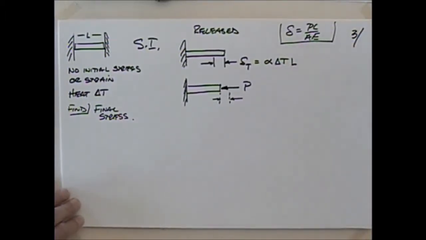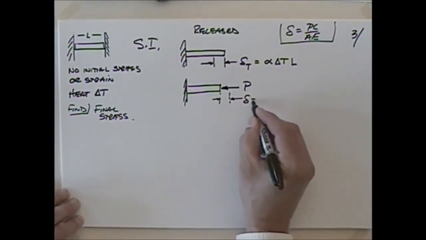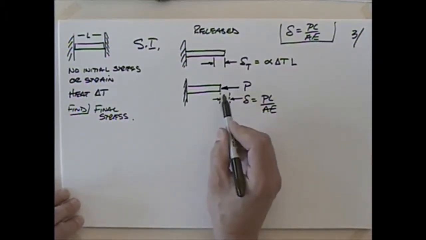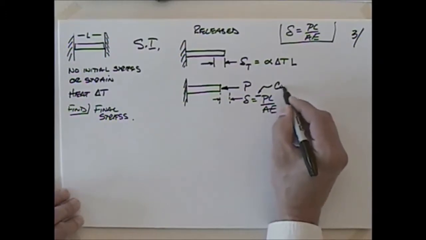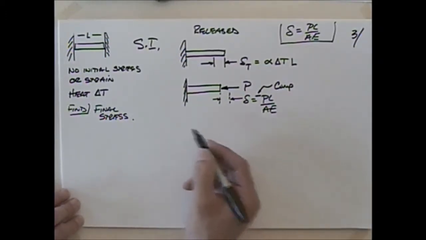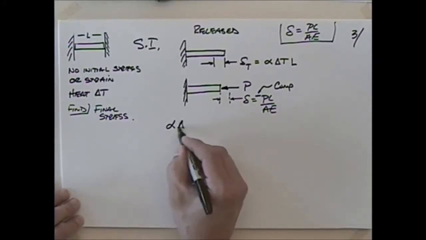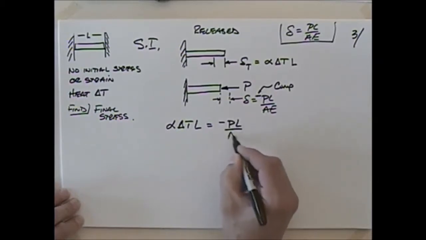Remember that one? We use Hooke's law to come up with that. And this is actually a compression, right? I think we agree that it's compression, so I could put a negative sign there indicating compression. And our compatibility equation would be to say that those are equal to each other, that alpha delta T times L would have to be equal to minus PL over AE.